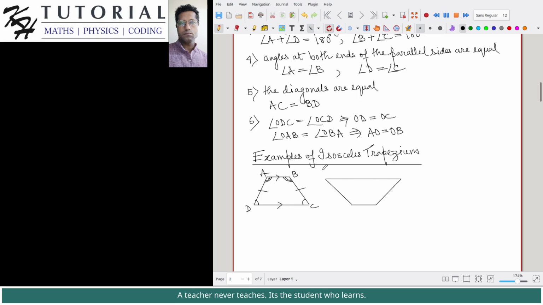So let's say PQRS is the trapezium where PQ is parallel to SR. The pair of opposite sides PQ and SR are parallel to each other, but they are of unequal length, and the other opposite sides which are non-parallel are equal.